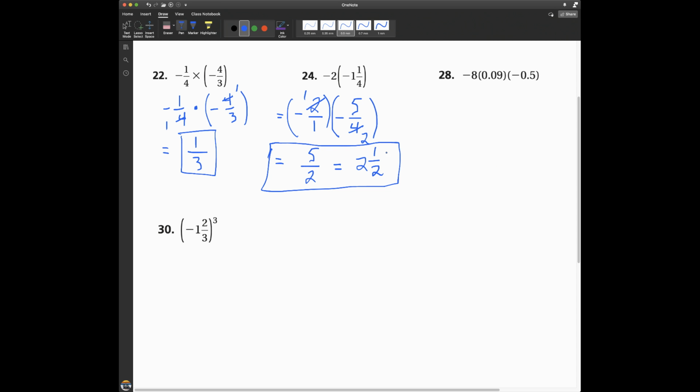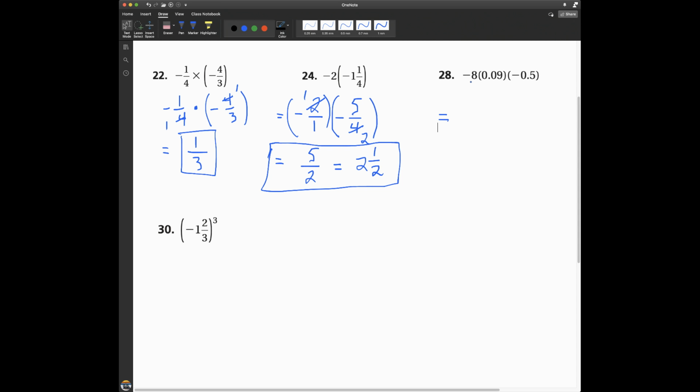Number 28, we really just need to make sure we get the right sign. So first, let me take -8. So -8 times 0.09 times -0.5.